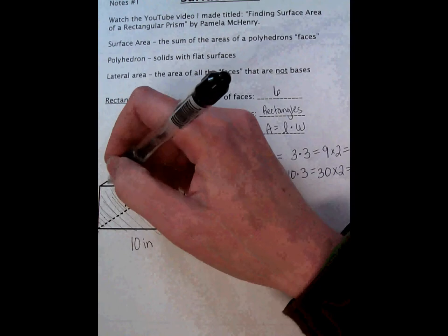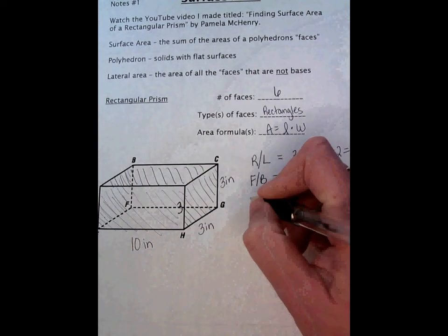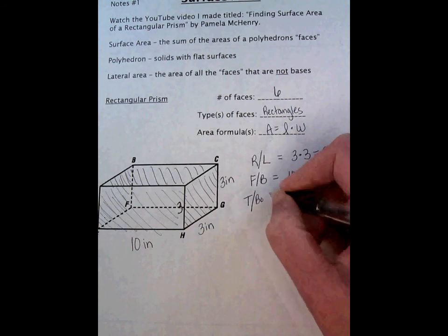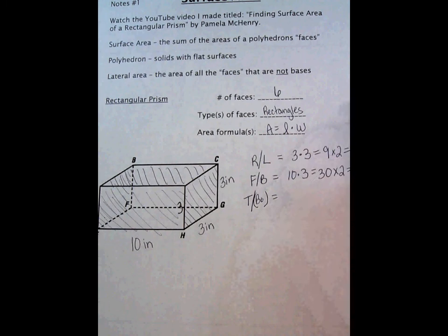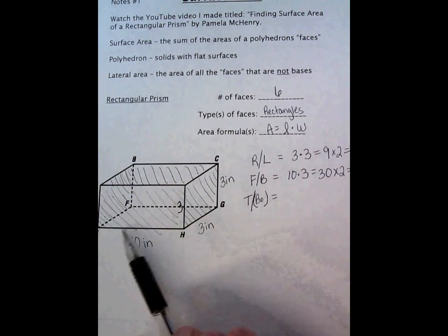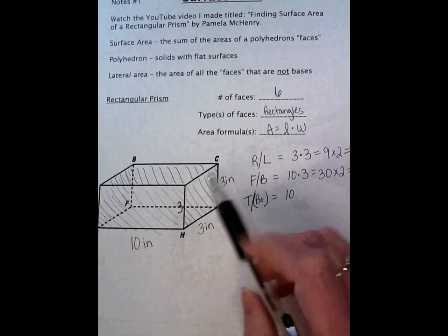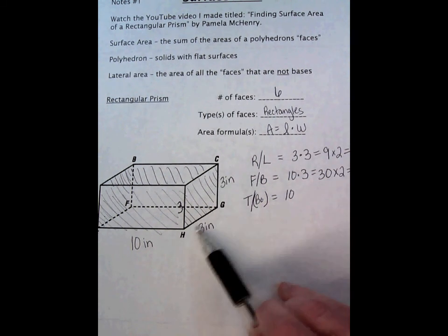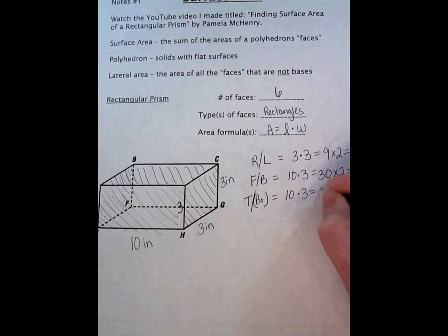The last is our top and our bottom. So we have top, and we'll put BO for bottom. And our top and our bottom, again, this distance here, the width of the shape, is the same as the width down here, so it's going to be 10, and then this length or depth here will be the same as the depth down here, so by 3, which again is 30.